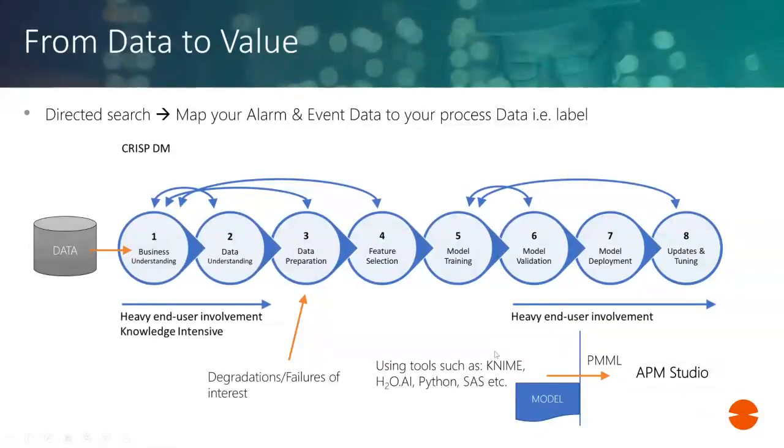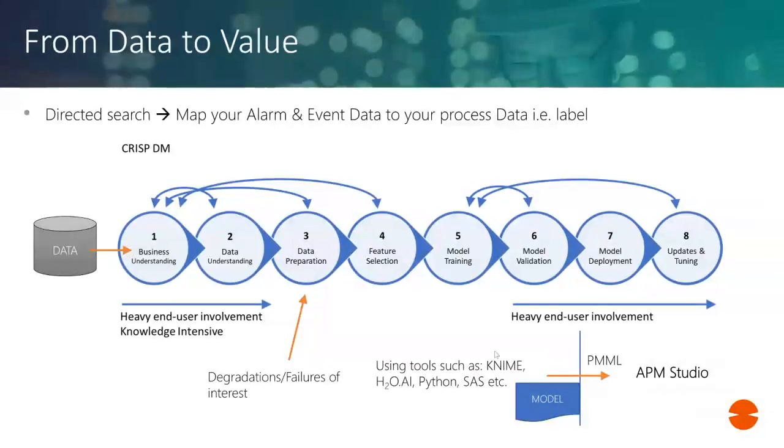And once you are happy with the results, for example, a classification model that predicts a certain failure above a certain percentage, above 80% certainty, you want to use that model online for production and for your maintenance department 24/7. And PMML, as I indicated earlier, is a very nice standard to be able to do this and to stay vendor independent.